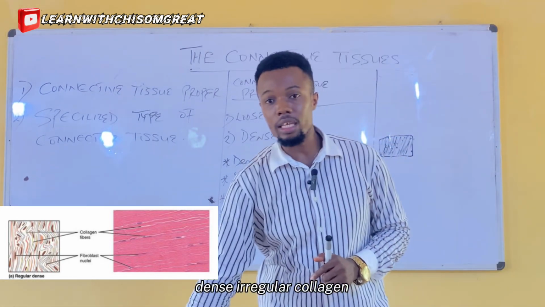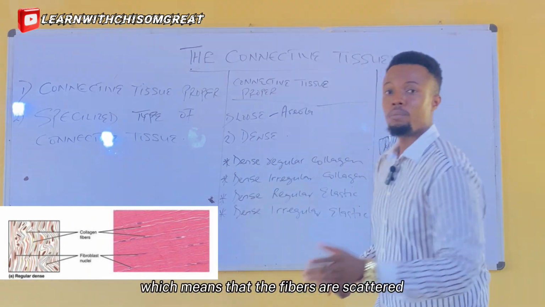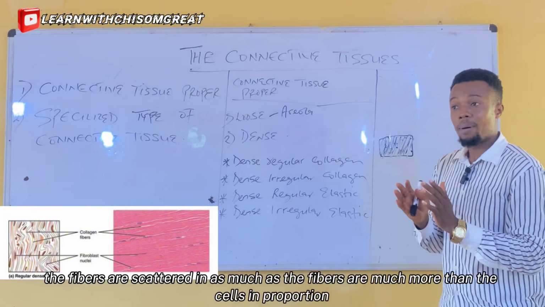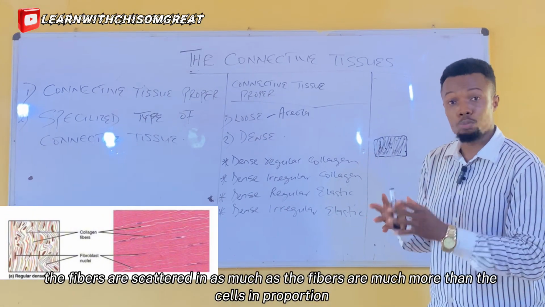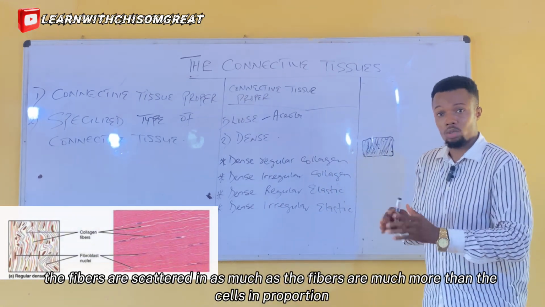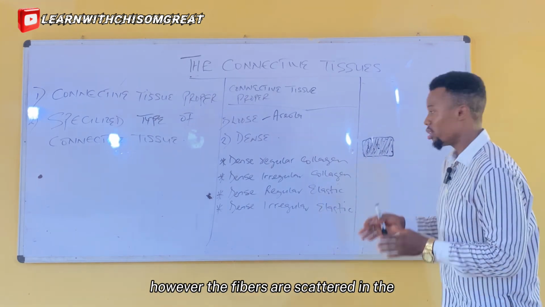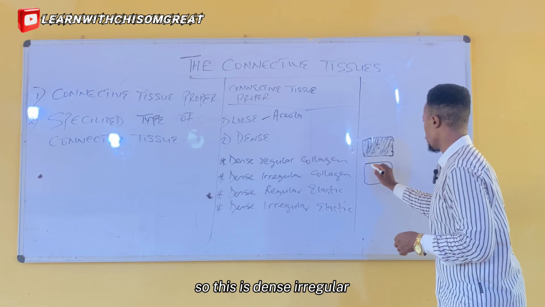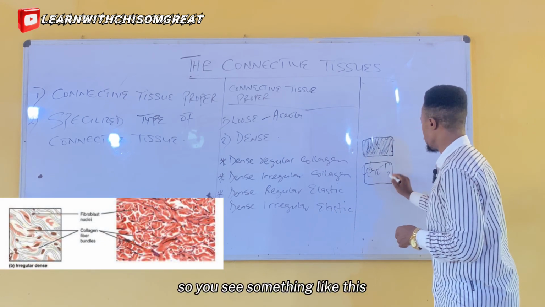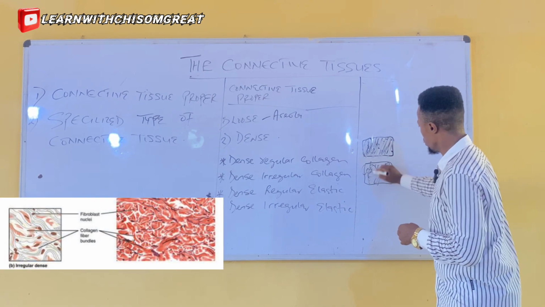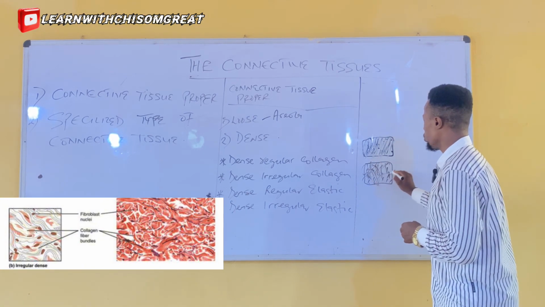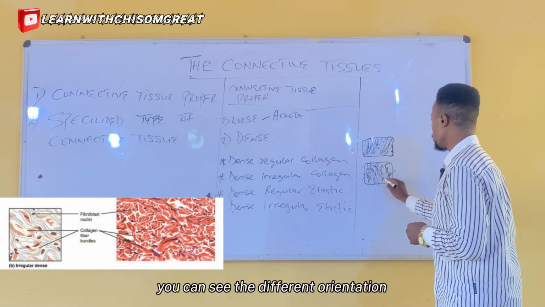Compare it with dense irregular collagen, which means that the fibers are scattered, in as much as the fibers are much more than the cells in proportion. However, the fibers are scattered, so this is dense irregular. So you see something like this. These are the fibers of dense irregular. You can see the different orientation.